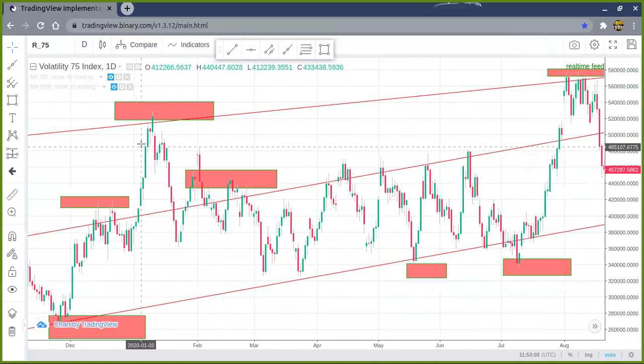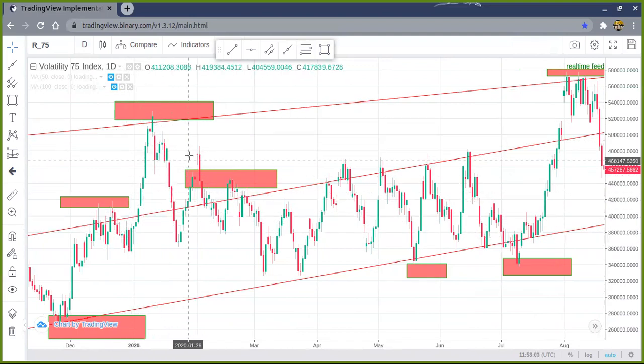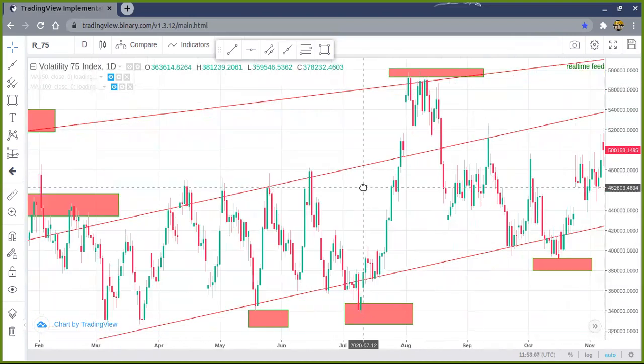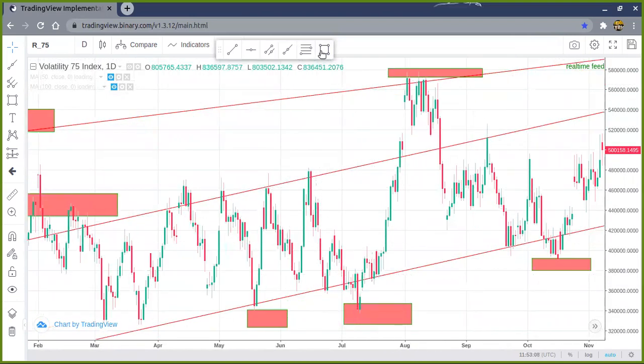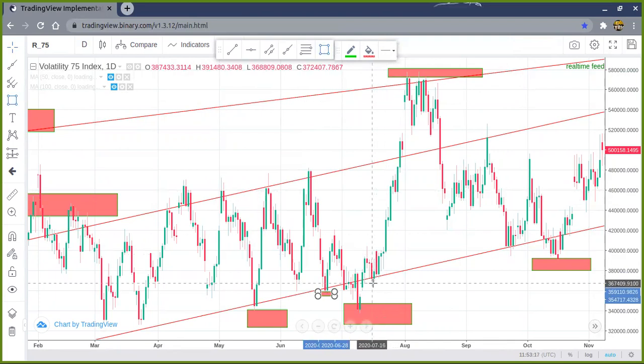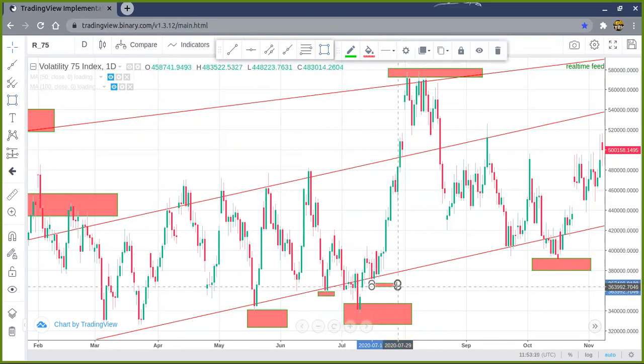So this is what we will call the head and shoulder, and this will be an inverse of the head and shoulder. So if we take our rectangle, we can see even though we marked this area as a zone, it also respected that pattern of a head and shoulder. So this is the shoulder, head, shoulder, inverse.